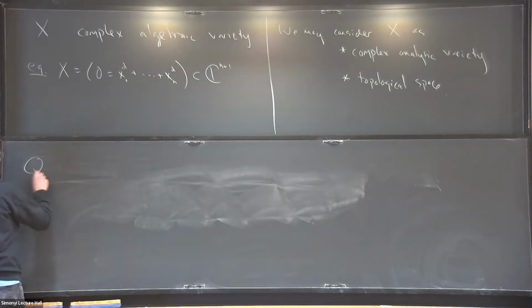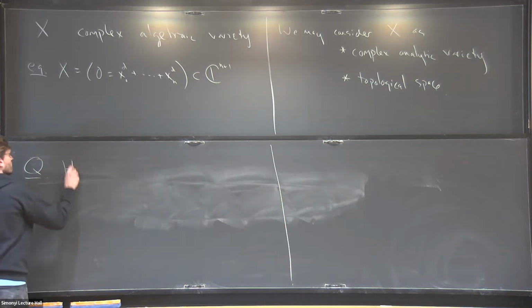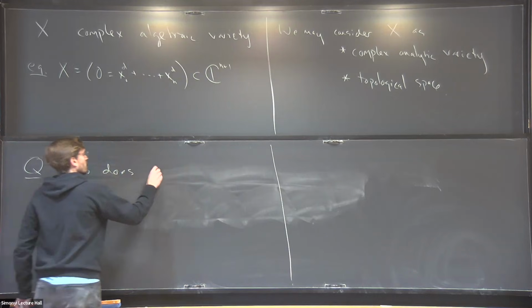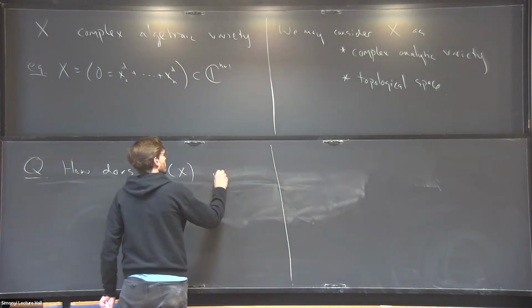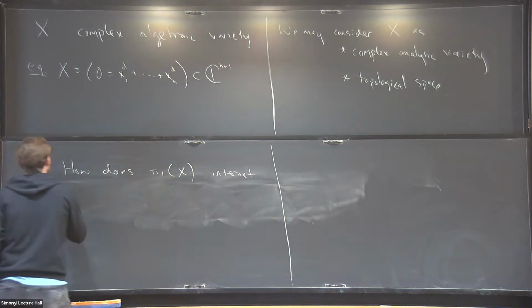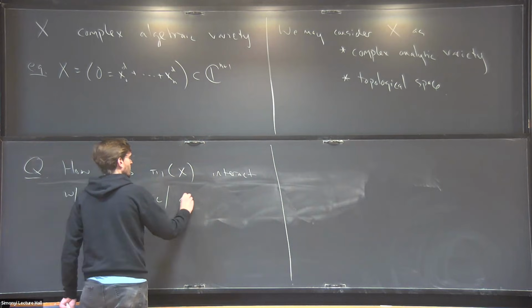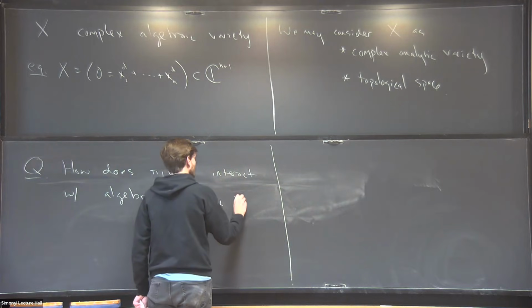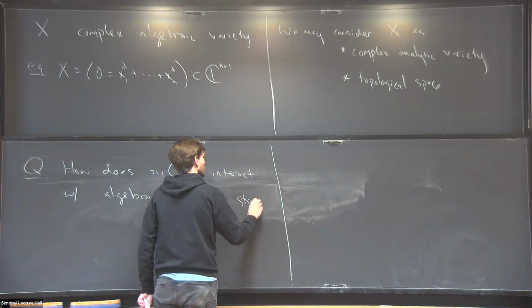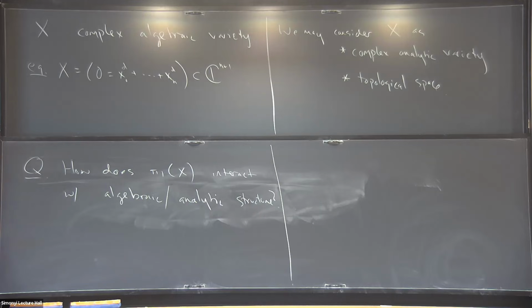So the vague question I want to ask is, how does the fundamental group, which is of course just an invariant of the underlying topological space, interact with the algebraic or the analytic structures? Namely, its structure as either an algebraic variety or a complex analytic variety.